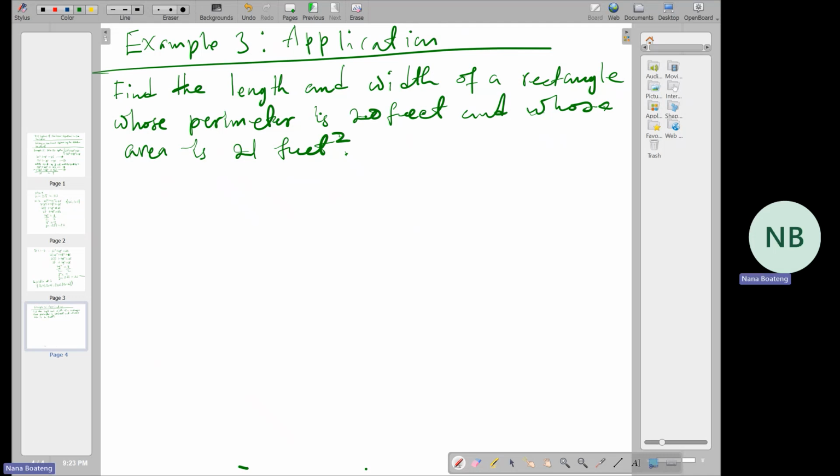Now we have to find the length and width of a rectangle, and we are given the perimeter.